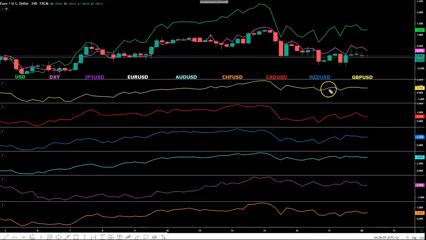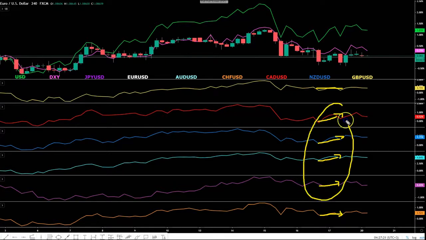We had GBP US dollar pretty much flat. However, we had a higher Canadian US dollar, higher New Zealand US dollar, higher Aussie US dollar, slightly higher JPY US dollar, and slightly lower CHF US dollar.